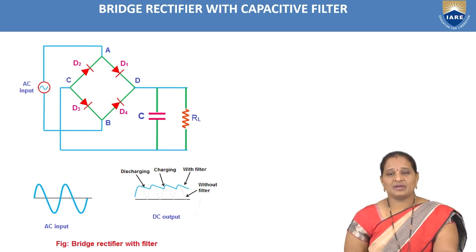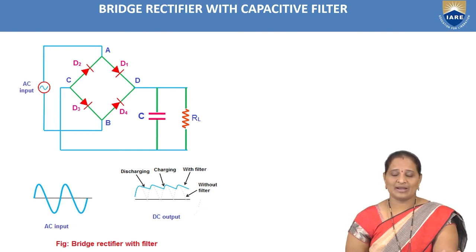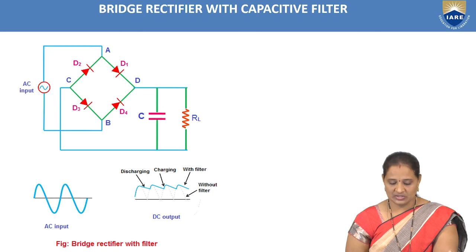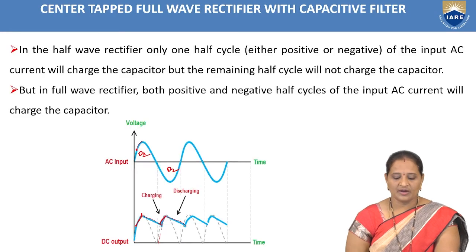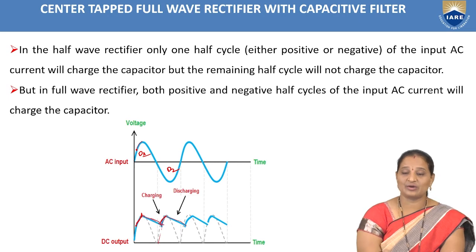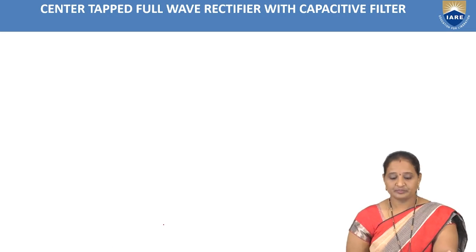And discharging is happening due to the load resistor, which is very high when compared to the forward resistance of the diode, and hence the discharge time constant is very high when compared to the charging time constant. So that is why you can observe this waveform here. The charging time period is less when compared to the discharging time period.